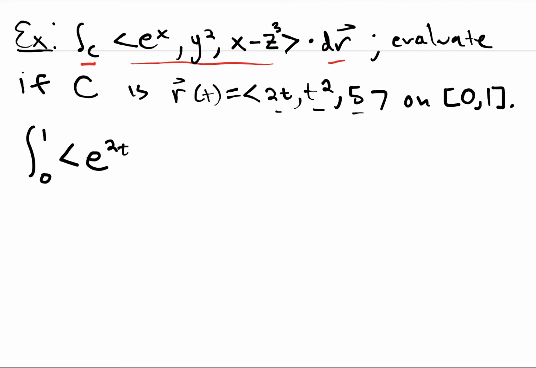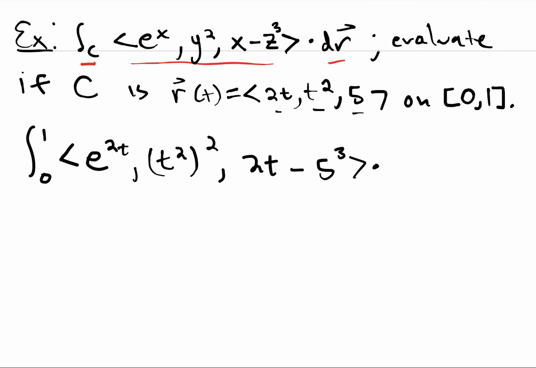I've got e to the 2t. My y squared is no longer y squared, it's the square of whatever my y component is, so this will be t squared squared. And again, x is no longer x, use 2t. Z is no longer z, use 5 instead. This is minus a 5 cubed that I've got in the end.